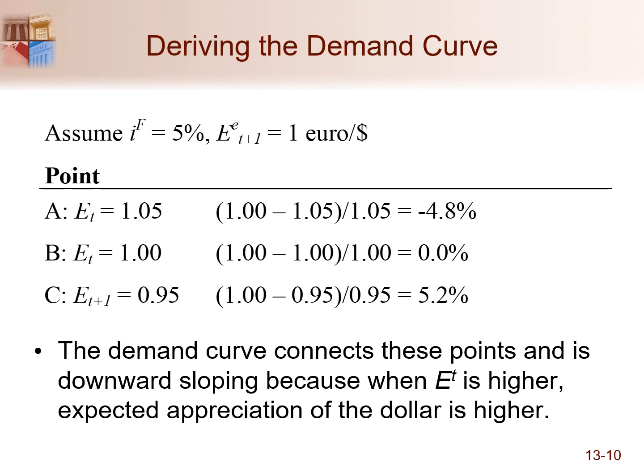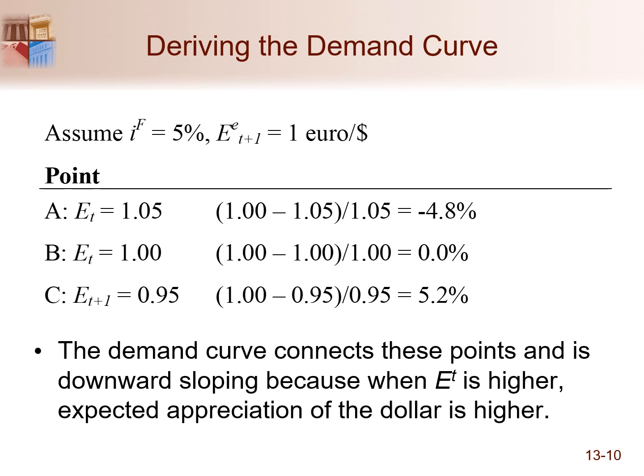So 1 divided by 1.05 minus 1 gives us about minus 4.8%, a decrease. Then at B it is 1, so the change is 0%, and at C it is 0.95, so your expected change is 5.2% positive.